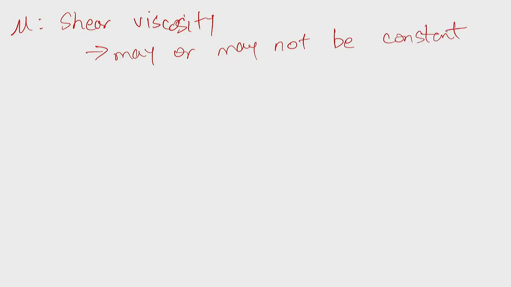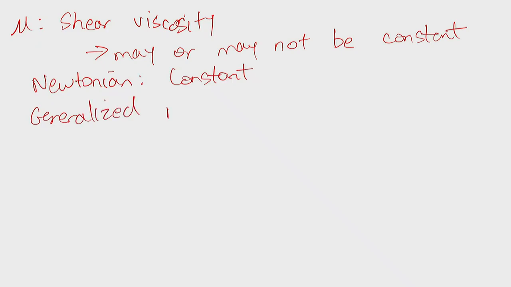For Newtonian, it's constant. For generalized Newtonian, it's generally not constant. But we'll see there's the generalized Newtonian fluid. For example, paint is a generalized Newtonian fluid. We'll cover that as an example.